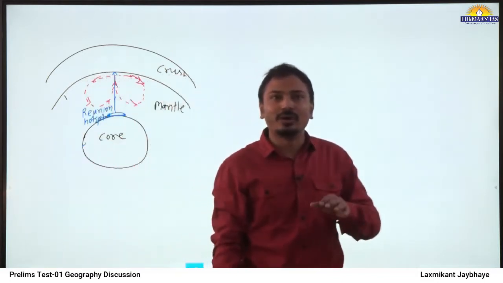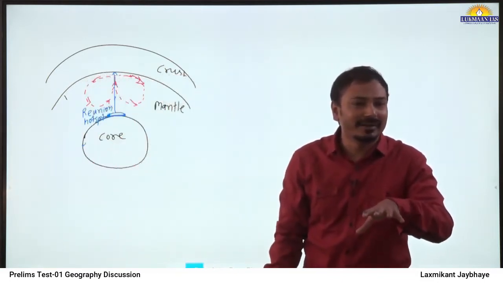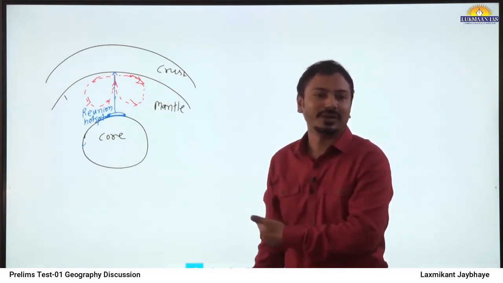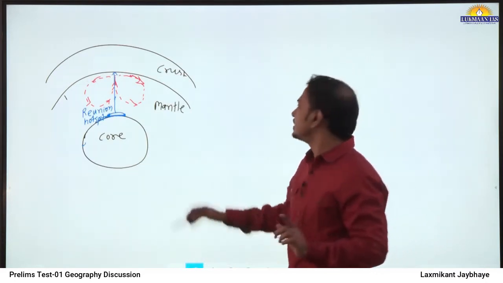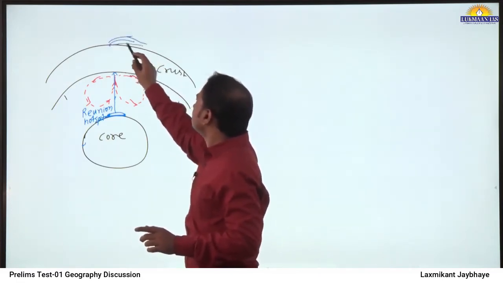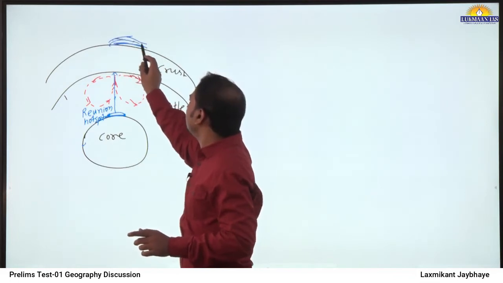The Indian plate, the Indian peninsula, came under the influence of this Reunion hotspot, and there was extensive volcanic eruption over here, creating a basaltic flood basalt province.